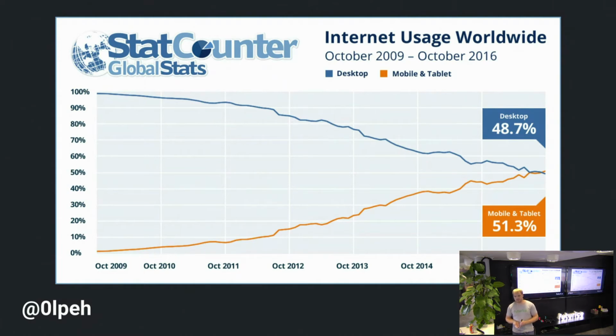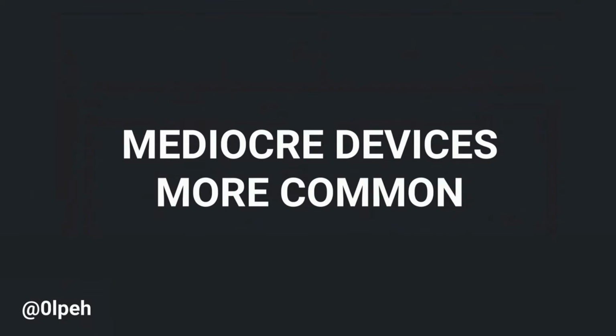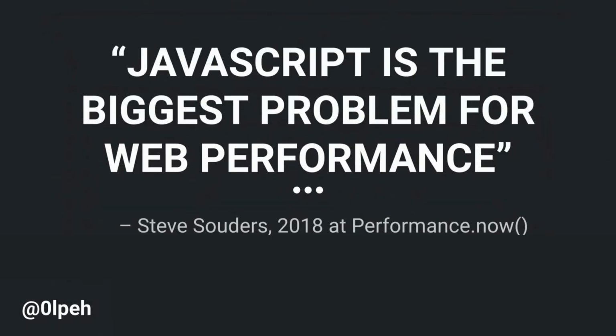It surpassed in October 2016, and it looks like the desktop usage is going down rapidly. And cheap devices are getting more and more common, especially Android devices. So that's why you have to provide a performant web page to your users so that they don't leave your website.